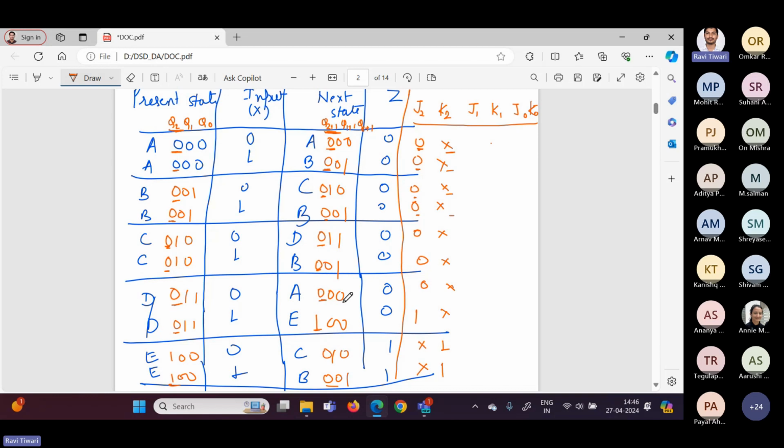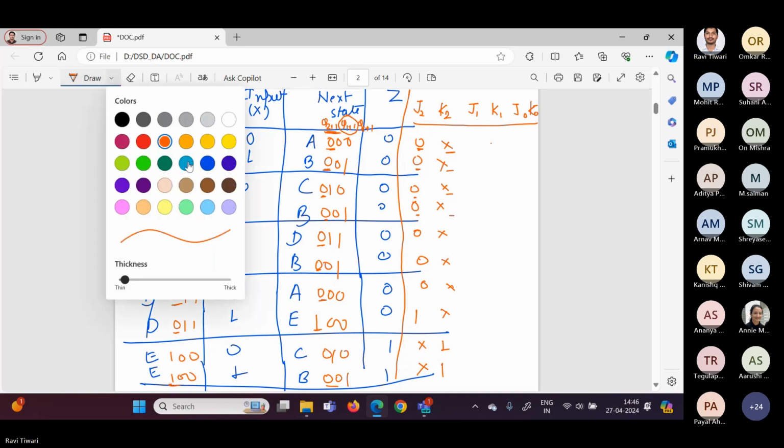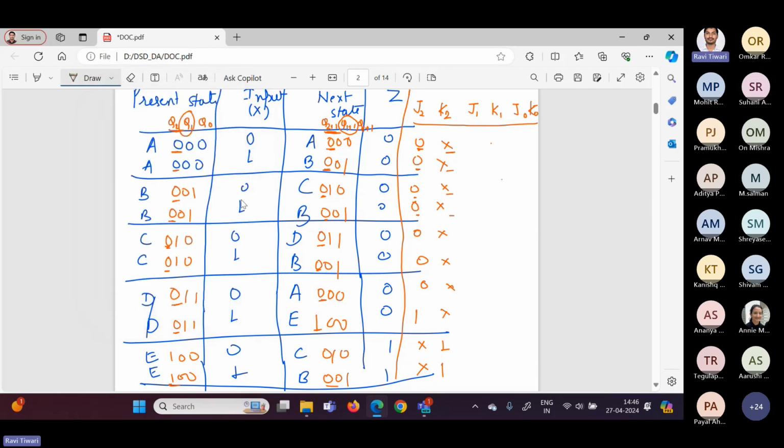Similarly, if you want to find out J1 K1, then in that case you compare Q1 and Q1 plus 1. So here, if you compare, this is 0 and this is 0, so you will get 0 don't care. This is 0 don't care again because this is 0 0. For 0 1, it is 1 don't care. This is 0 don't care.